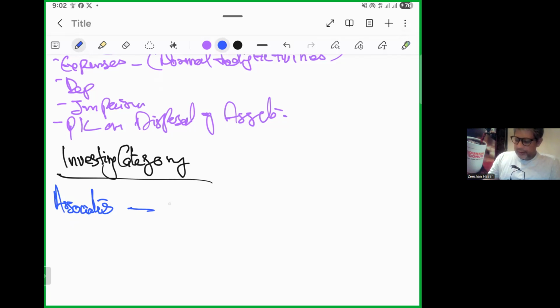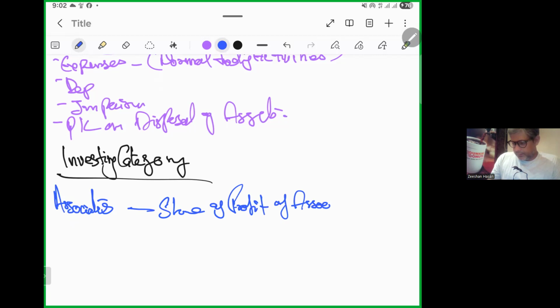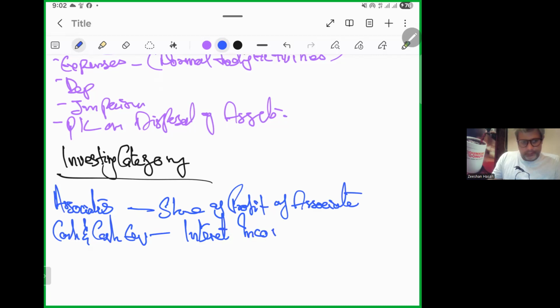We will recognize the share of profit of associates, cash and cash equivalents, interest income, and financial assets.